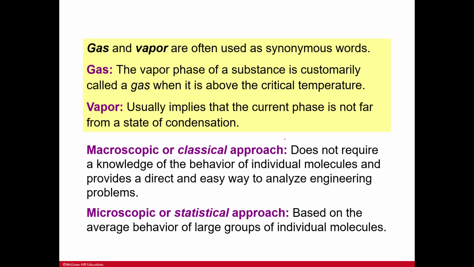But the way you can think of it, vapor is not very far from condensing. Anything above the boiling point, when we start to have a vapor, the bonds are now not strong enough to keep it together, but you can keep heating it.